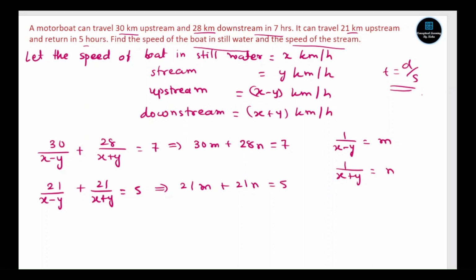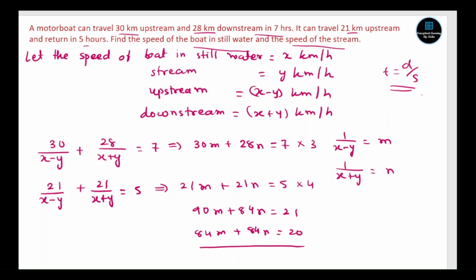So what I'll do, I'll just multiply this by 3 and this by 4. And now I'll solve them. So I'll get 90m plus 84n equals 21 and this is 84m plus 84n equals 20.